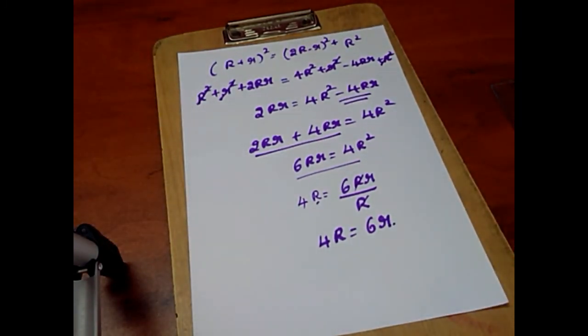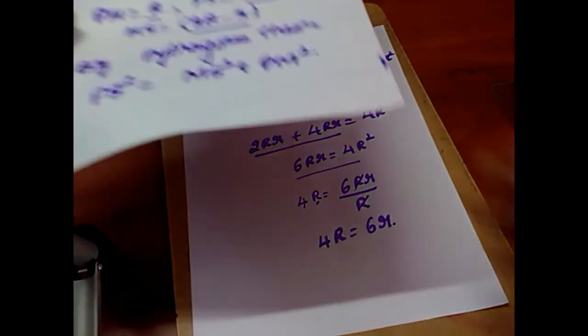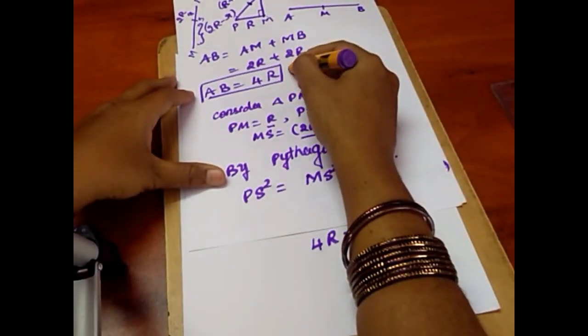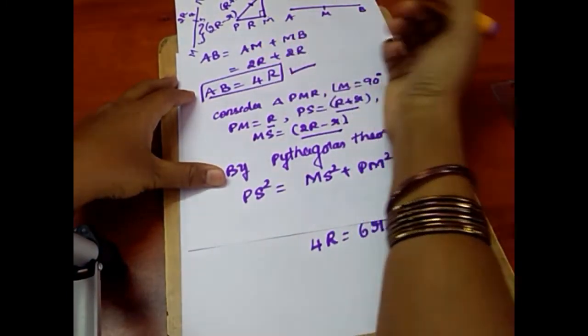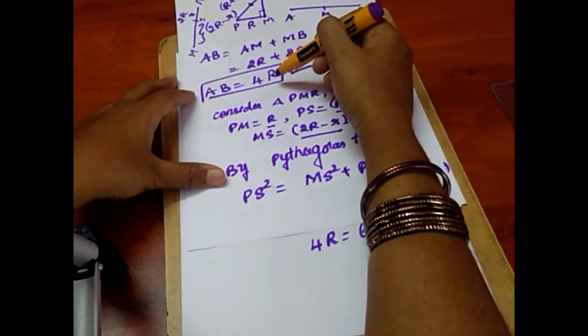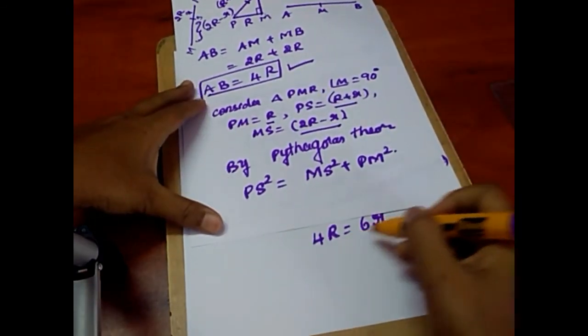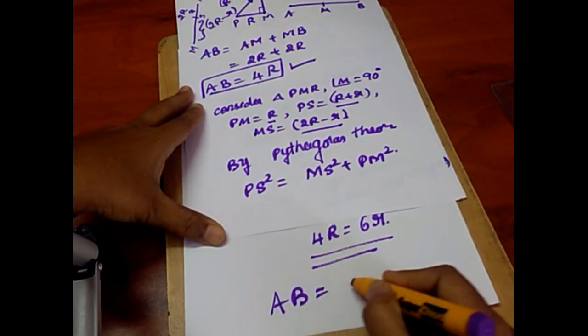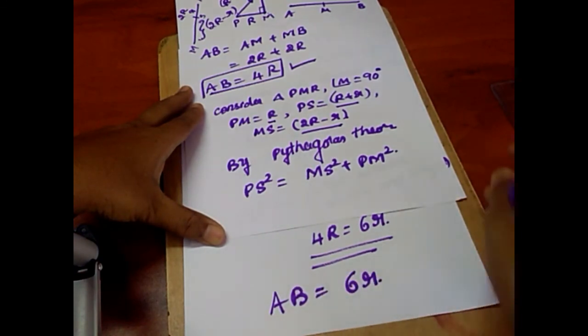Now just observe, what did we prove in the beginning? It is said that we need to prove that AB is equal to 6 times r. First, with the help of the AB line, we have proved that AB is 4R. Now 4R is equal to 6r. Therefore AB is equal to 6 times r.